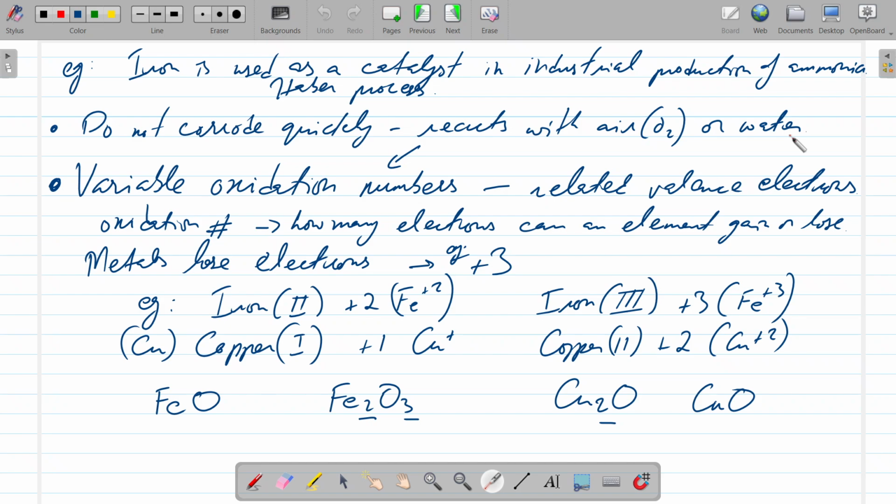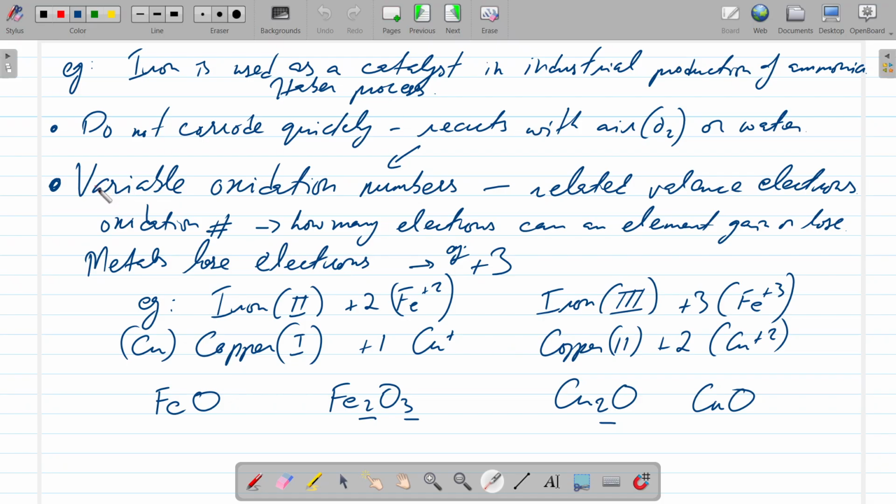If they come into direct contact with water, they have a very aggressive reaction. That's not the case with the transition metals. A simple example: if you're wearing any jewelry, gold or silver, and they were very reactive, then you wouldn't be able to use those metals as jewelry.